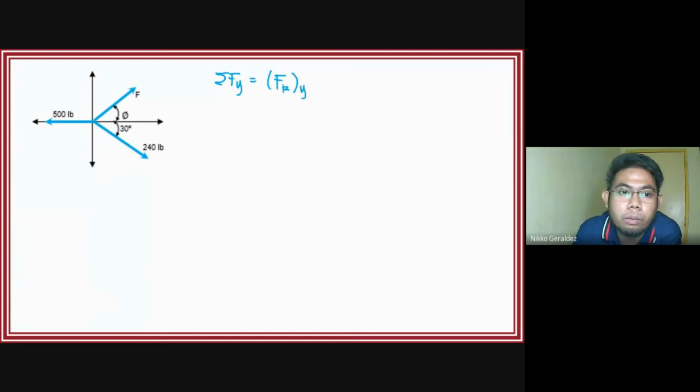The y component of force F, so that is Fy, equal to Fy. The next, y component of 500 is 0. Then y component of 240 pounds, so that is negative 240 pounds times sine 30 degrees.